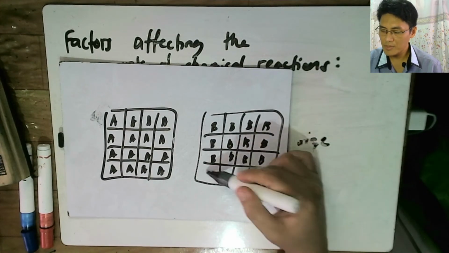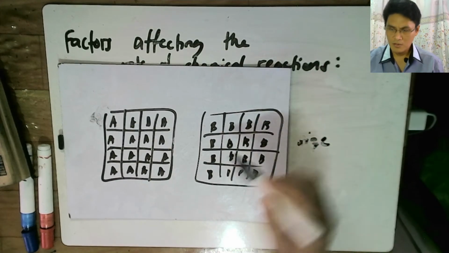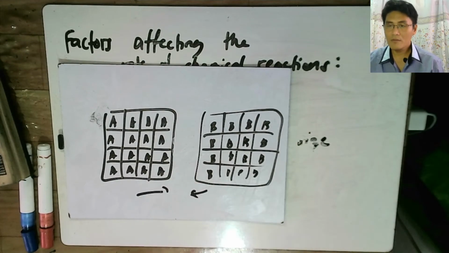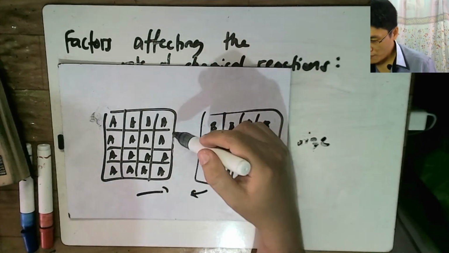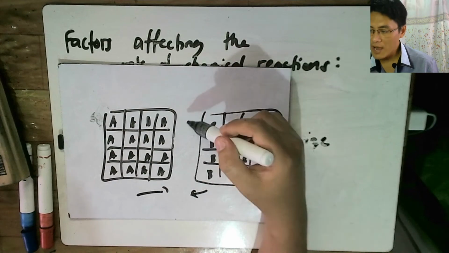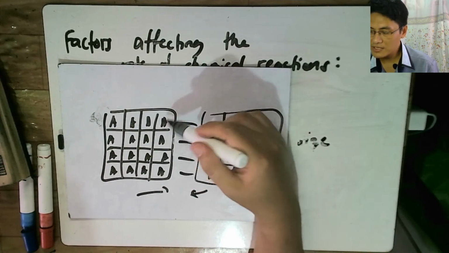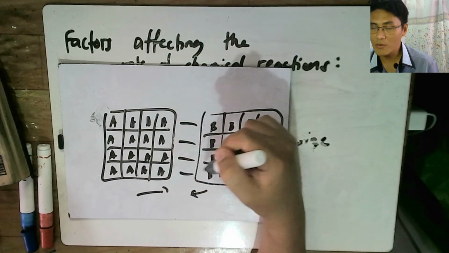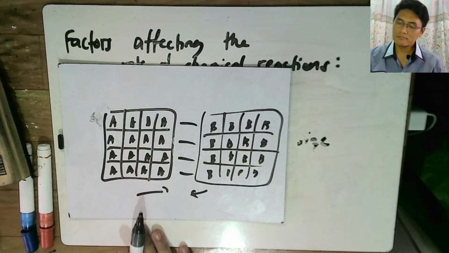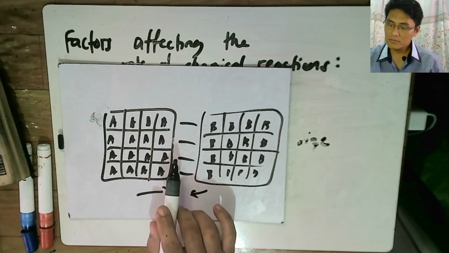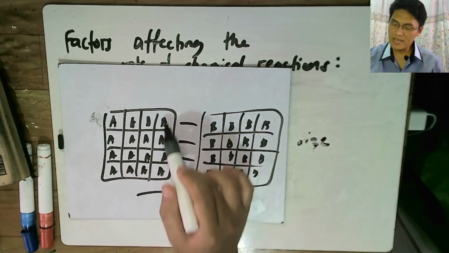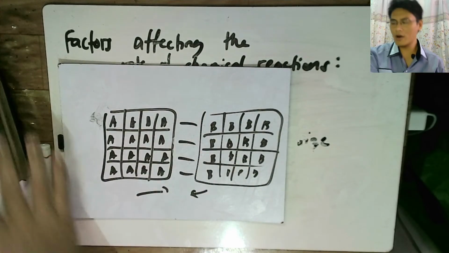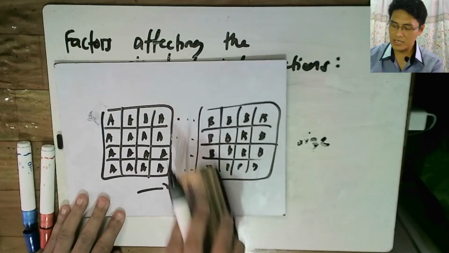So let me just complete this. When they collide, the most number of them that could collide is 4, because this side could collide with that side, that side collide with this side, right? It's 4.